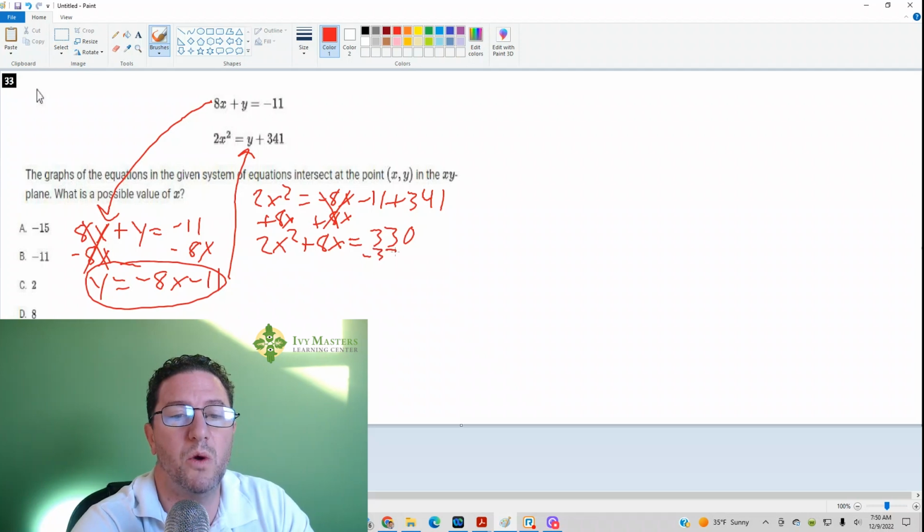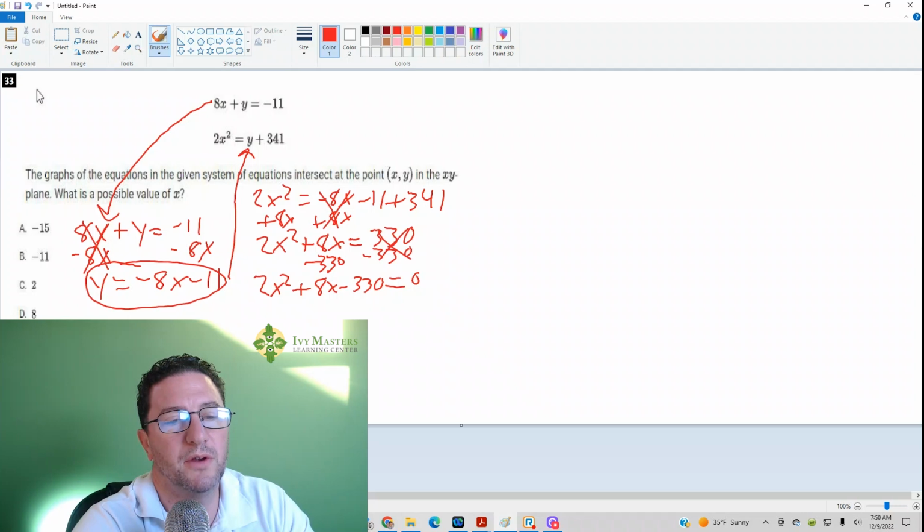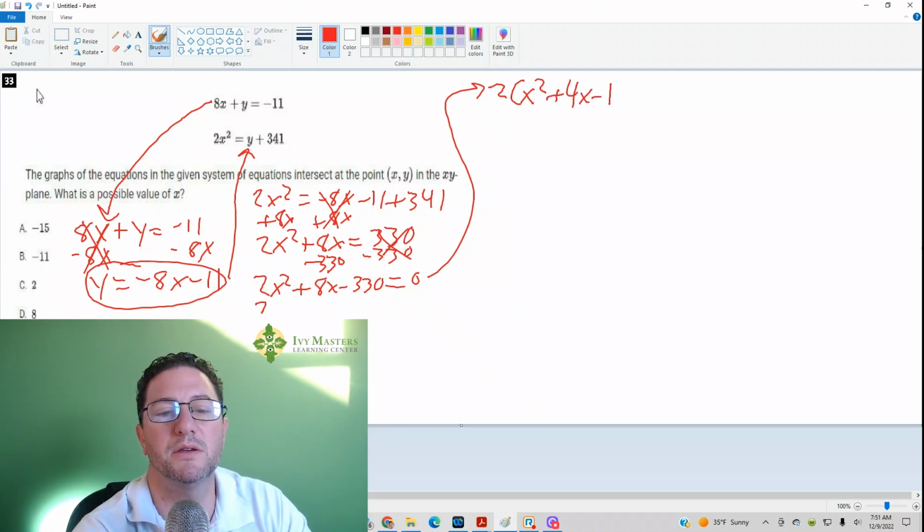And once again, quadratics have to be set equal to 0. So subtract 330 from both sides. We cancel here. Get 2x squared plus 8x minus 330 equals 0. And now we could factor out a 2. I put a 2 there, and inside I get x squared plus 4x minus 165.